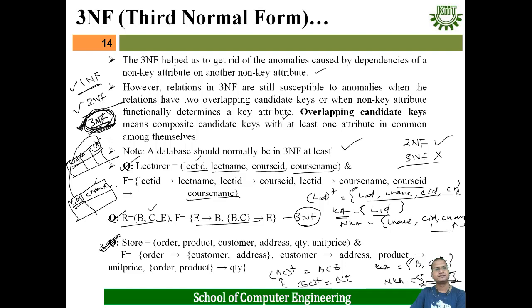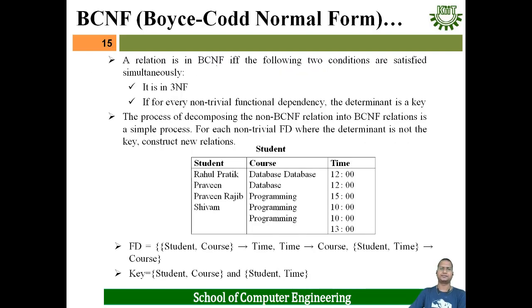Okay. Next, your BCNF, Boyce-Codd normal form. A relation is in BCNF if the following two conditions are satisfied simultaneously. That means it is in 3NF, and for every non-trivial functional dependency, the determinant is a key. That means for every functional dependency, the determinant part, that means the left hand side part, is a key.